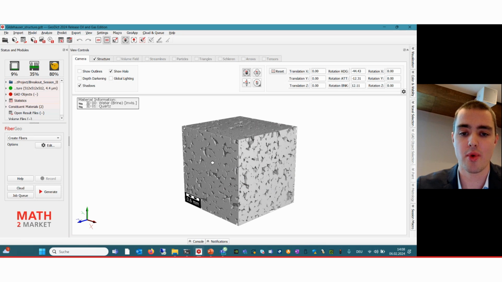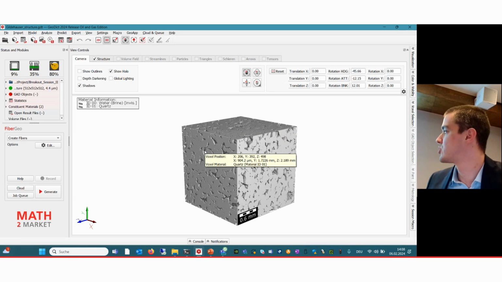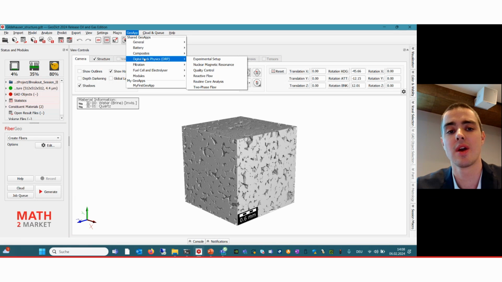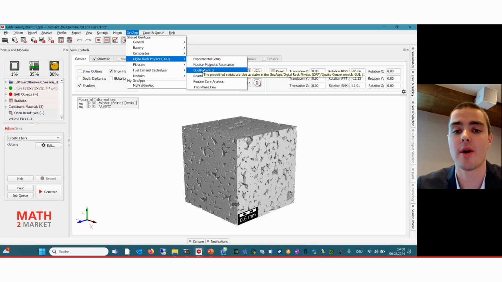And for setup of this particular GeoApp, we go to the GeoApp menu up here. So GeoApp, and then under the digital rock physics submenu, we can go with the experimental setup. Sorry, quality control.